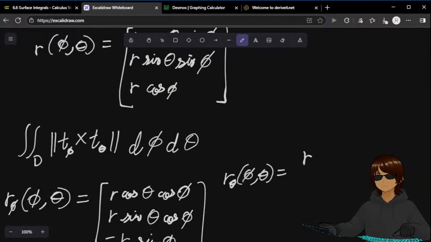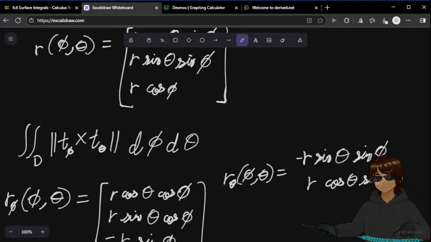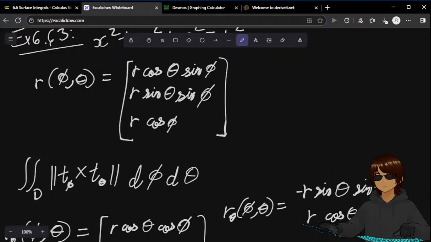Derivative of cos is minus sine. And then we have cos. And then with respect to theta, this power 1 is 0, right?